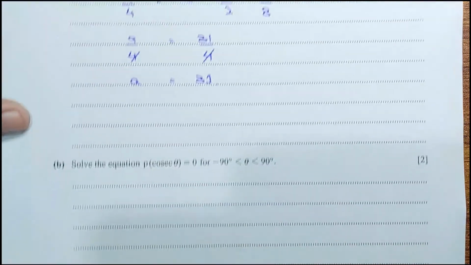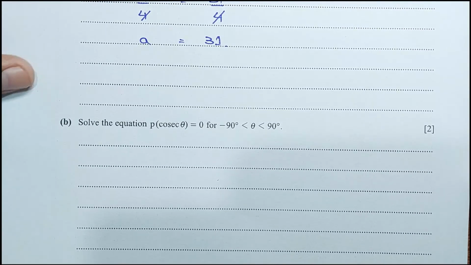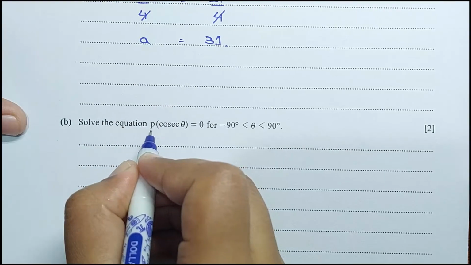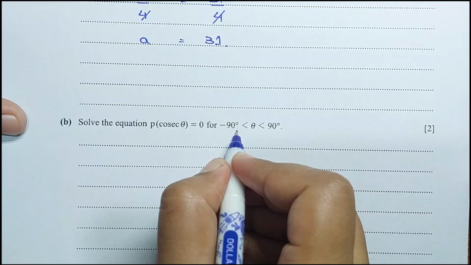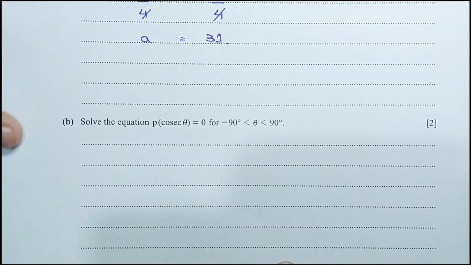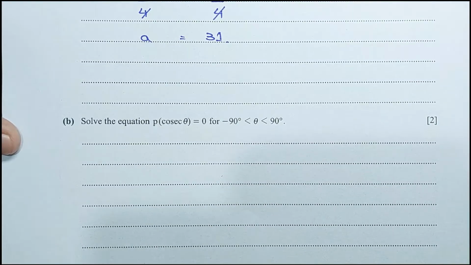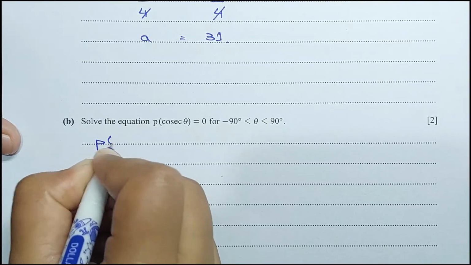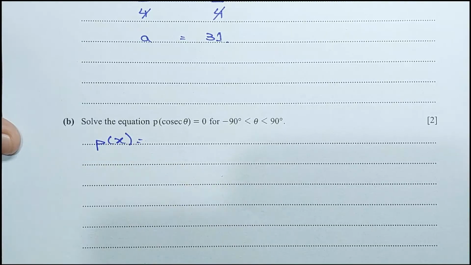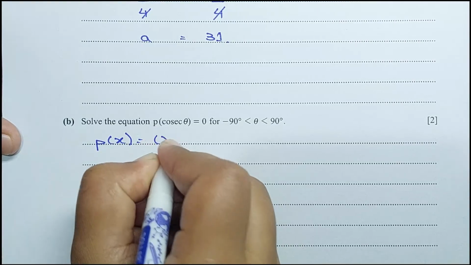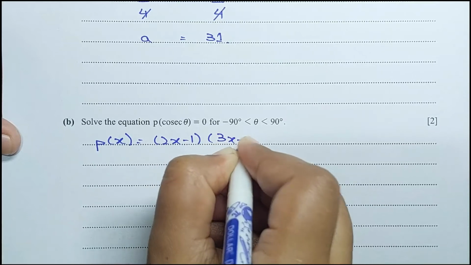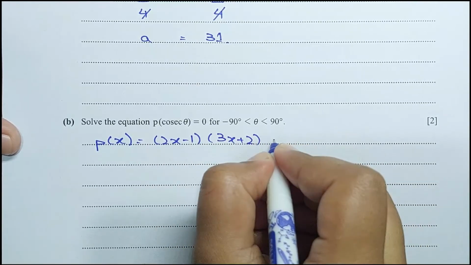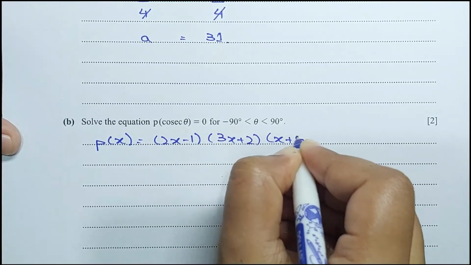All right, now moving to the second part of question number 3. Solve the equation p of cosecant theta equals 0 when theta is between negative 90 degrees to positive 90 degrees. So what is p of x? We have done the 3 factors: 2x minus 1, 3x plus 2, and x plus 5.